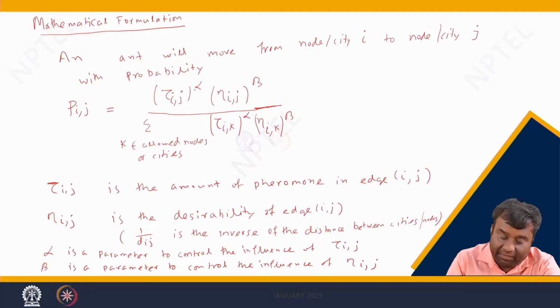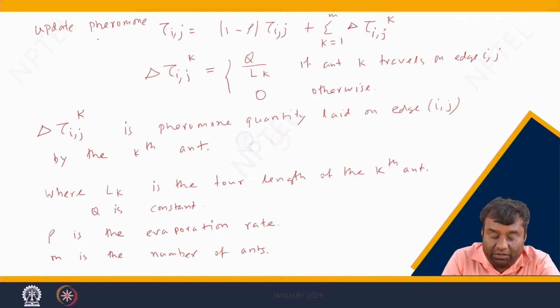Alpha is a parameter to control the influence of tau_ij, beta is the parameter to control the influence of eta_ij. Now update pheromone: tau_ij equals (1 minus rho) times tau_ij plus summation k equal to 1 to m of delta tau_ij^k, where delta tau_ij^k is Q by L_k if ant k travels on edge i to j, and 0 otherwise.